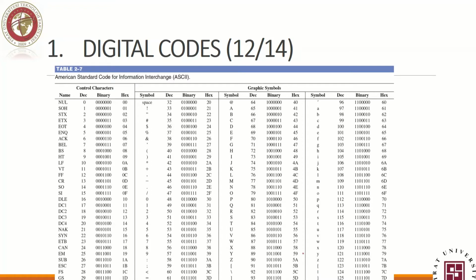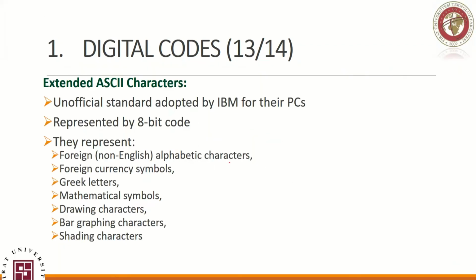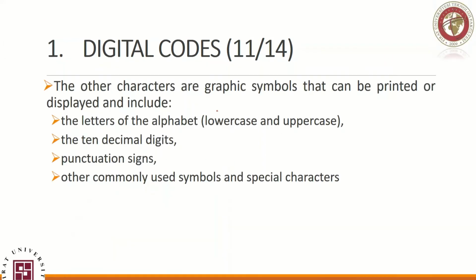All right, let's not extend the talk about ASCII. This is the standard ASCII, right? How about extended ASCII? As I said earlier, how about other languages other than English, those with special letters not included in the English alphabet? Well, for this case, IBM discovered a way, and they refer to it as extended ASCII. The extended ASCII accommodates all these by considering the left MSB.